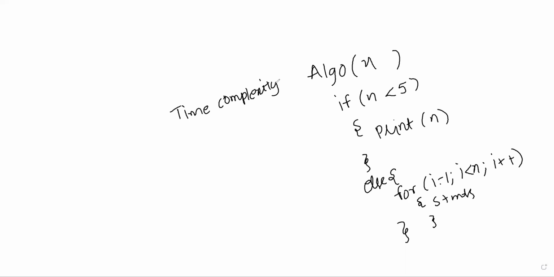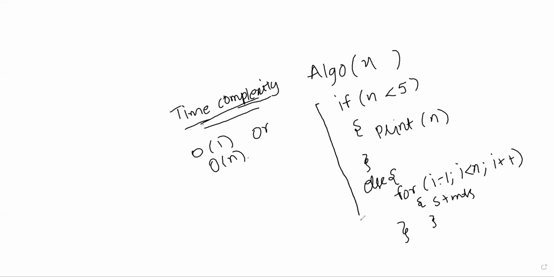Okay, answer me one thing. O of 1, or O of n. So when you consider this entire algorithm, it's very simple.